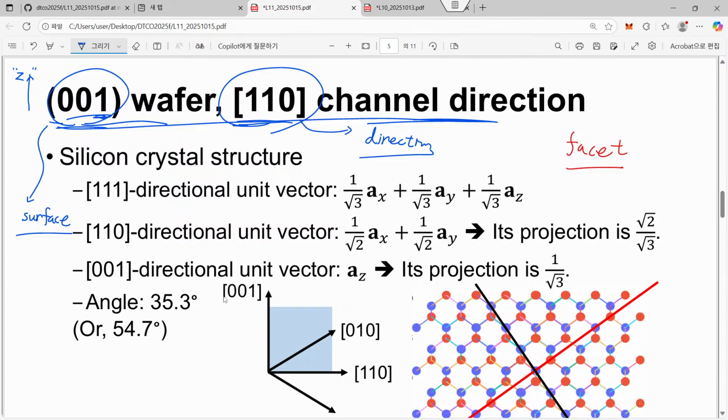This year at IDM, you can find a suggestion for rotating our channel direction once again from 110 back to 100, only for certain types of devices.